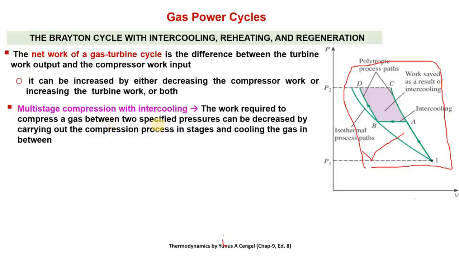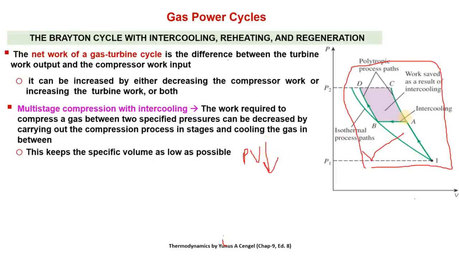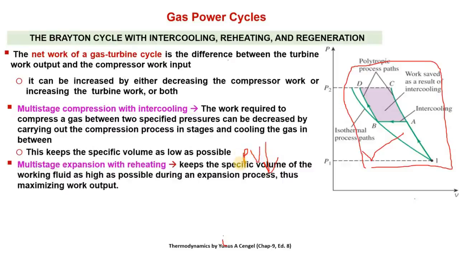But I told you what the purpose is. The purpose is to keep the specific volume as low as possible, because in this PV work we are actually trying to reduce this area with the intercooling process. With this intercooling, you can see on the x-axis volume drops. So when volume drops, PV work drops and work input to the compressor drops.